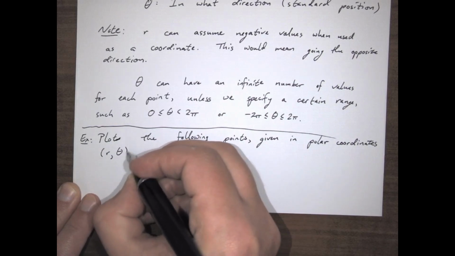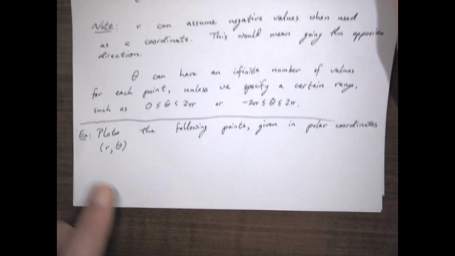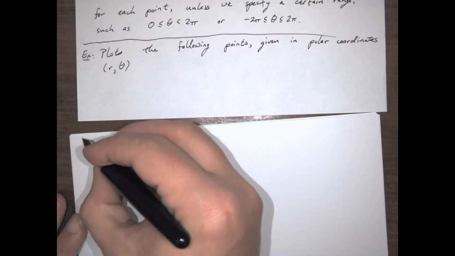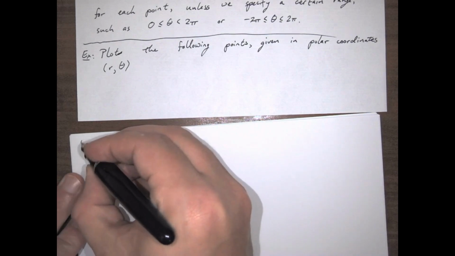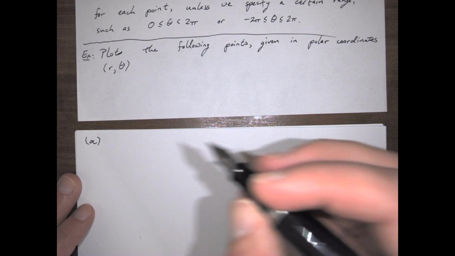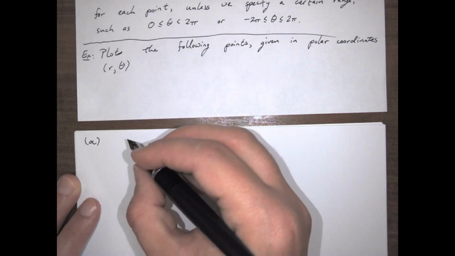So r, theta. This is the way we write polar coordinates, r comma theta. Okay, so let's do this over here. I'll just give a bunch of polar coordinates of points, and we'll just plot them here.